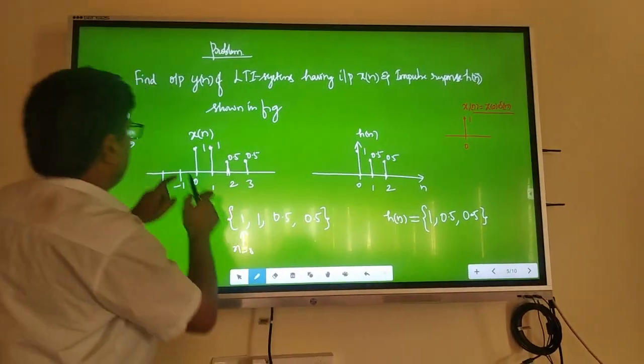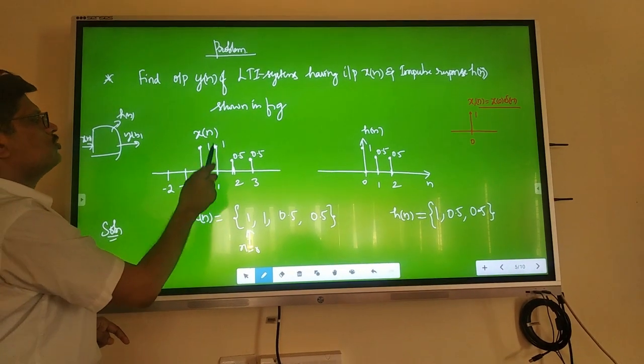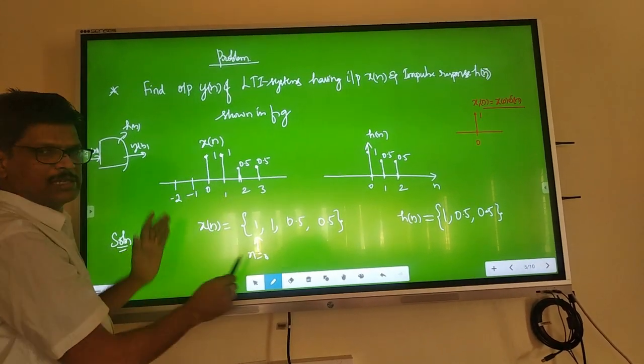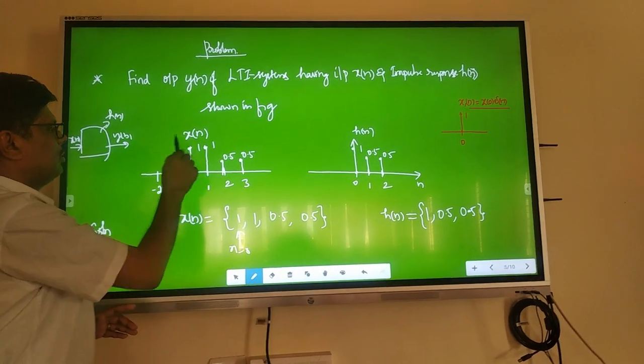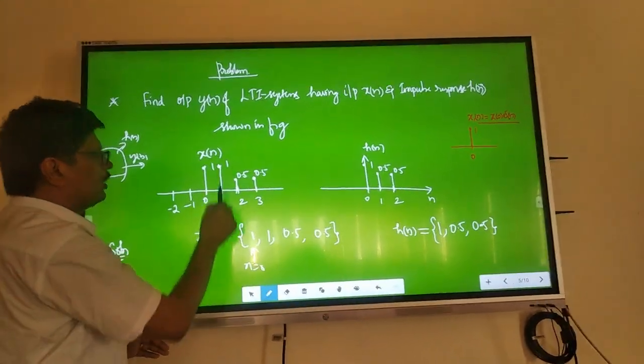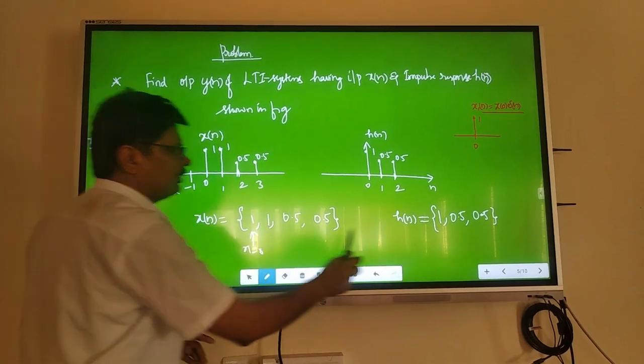For example, how many samples are there at input? 1, 2, 3, 4. Four separate individual samples you have to write. At 0 it is 1, at 1 it is 1, at 2 it is 0.5, at 3 it is 0.5.